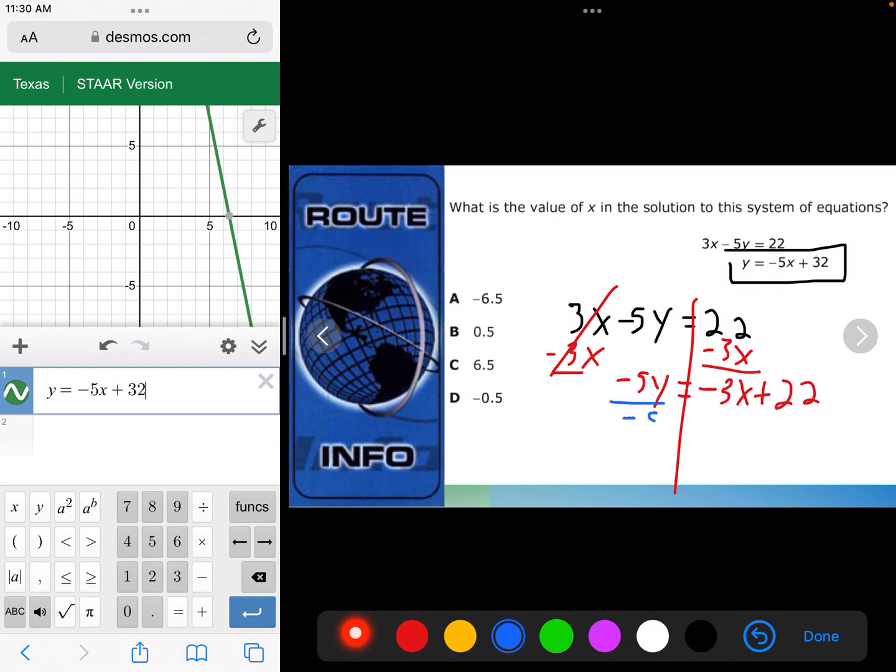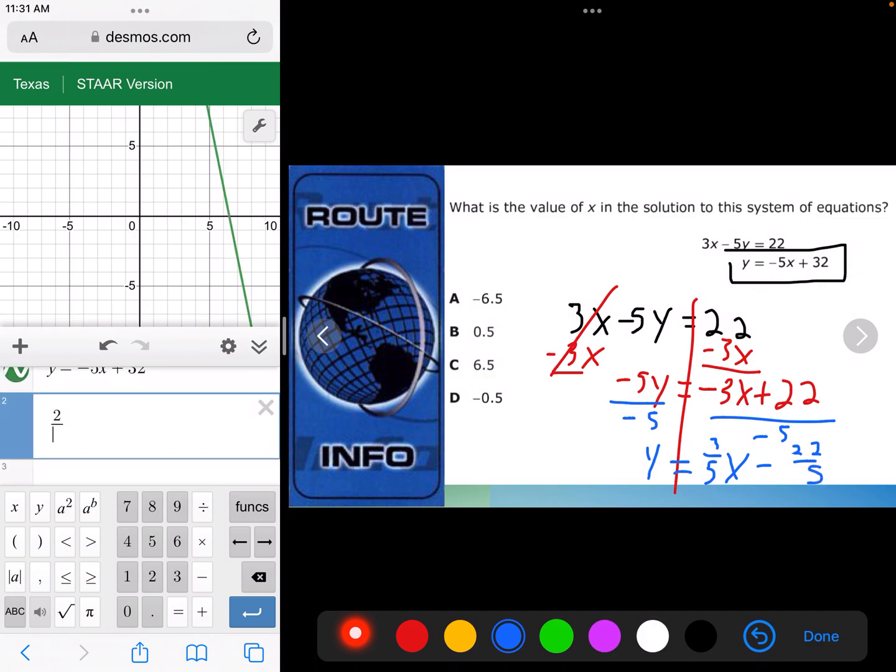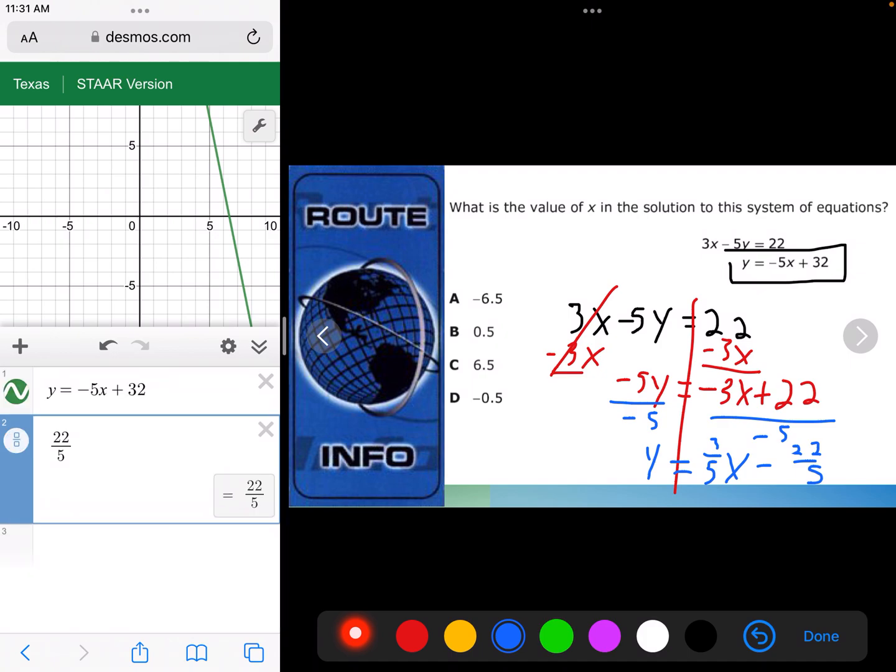Then I'm going to divide both sides by negative 5, and I get y equals 3/5 x. 22 divided by negative 5 is negative 22/5. It is not going to simplify. 22/5 is, you can write 4.4, but we'll leave it as the fraction 22/5.